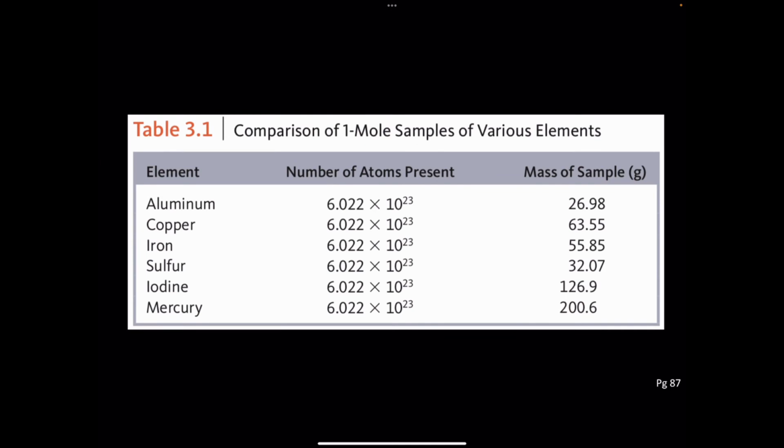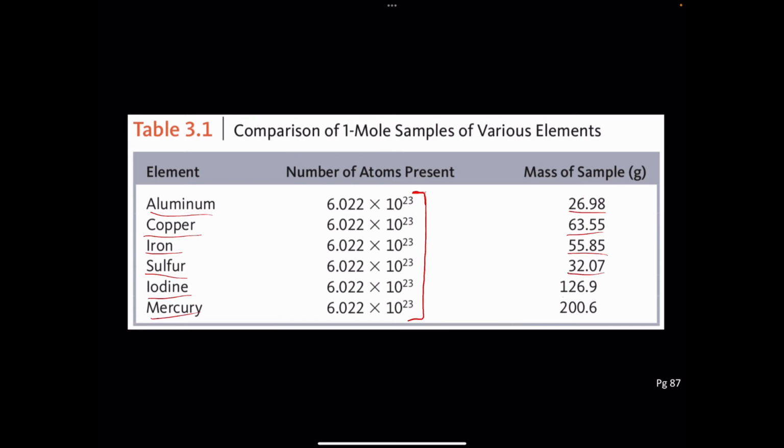So here is a comparison of 1 mole samples of various elements, so we can see the mass of one of those moles. Now, remember, 1 mole of carbon-12 atoms is 12 grams, but things have different masses. So 1 mole of aluminum has the number of atoms present being Avogadro's number, 6.022 times 10 to the 23rd. Notice that this number does not change regardless of what compound or element we're talking about and regardless of its mass.